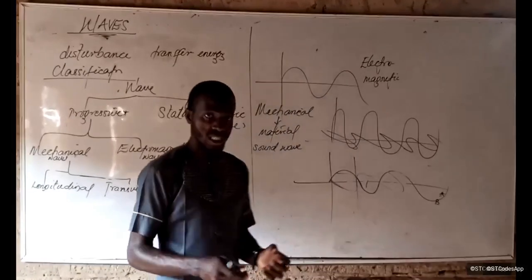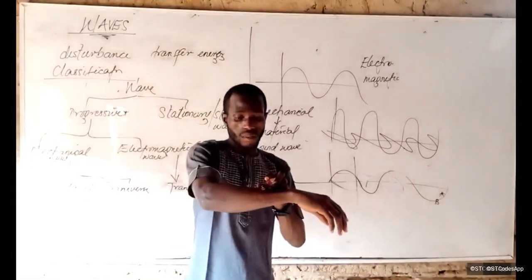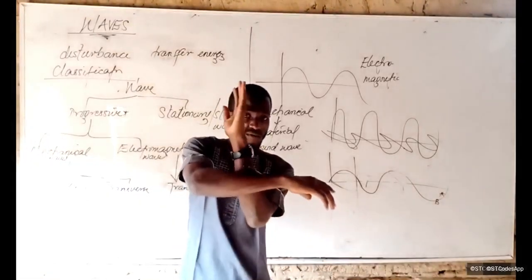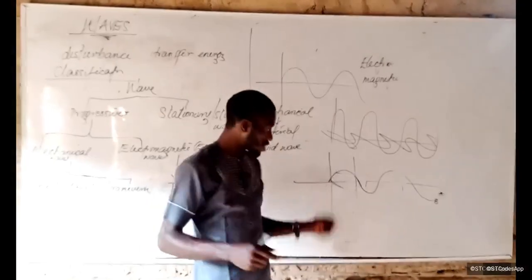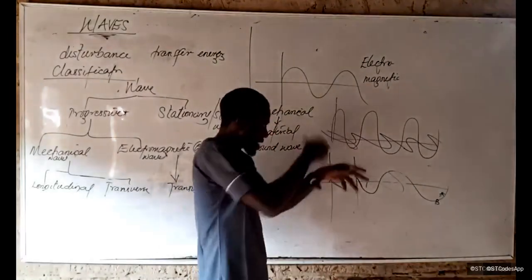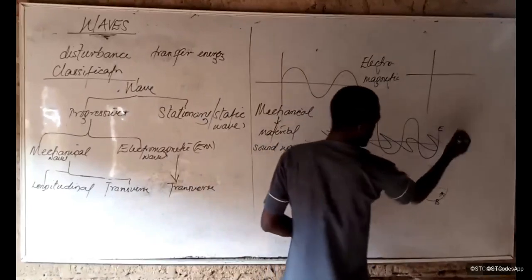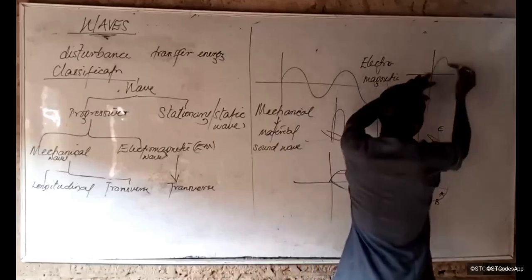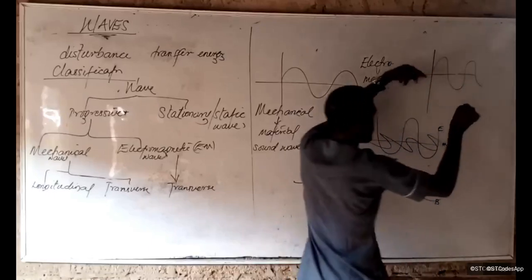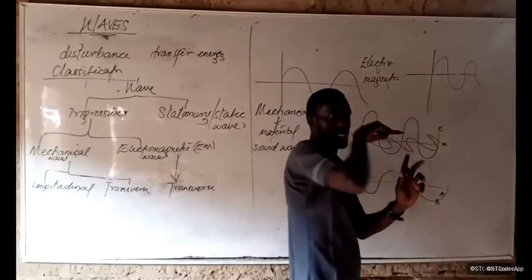So on a 3D perspective, you're going to have something like this, and then maybe a marker is coming out of the board. So this is the other wave. So there are two planes on which both of them are interacting. So this one is interacting on X. So if this were to be my electric field and this is my magnetic field, so my electric field is interacting at XY plane, then my magnetic field is interacting along the ZX plane.